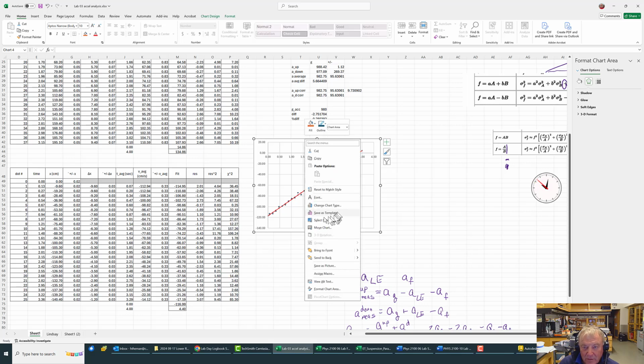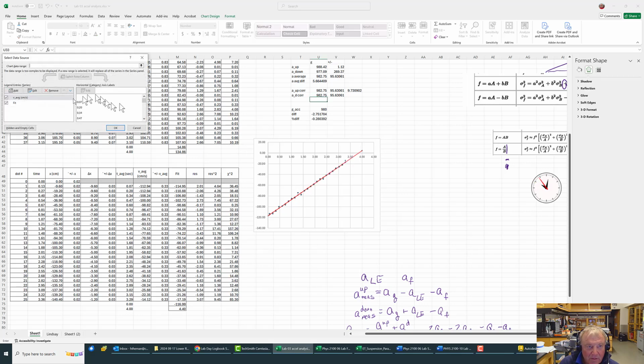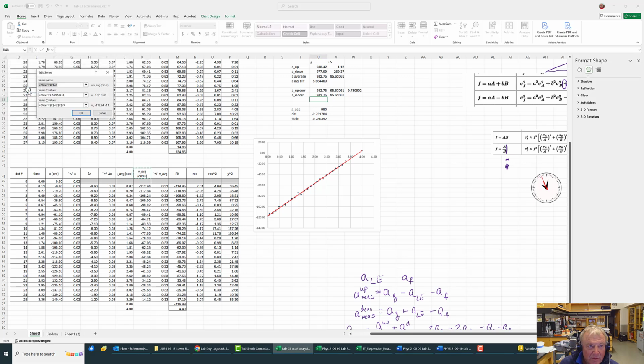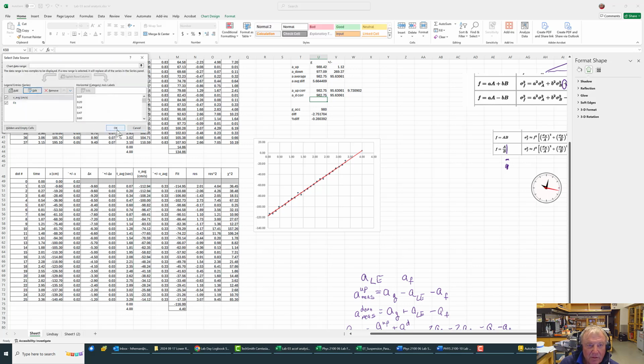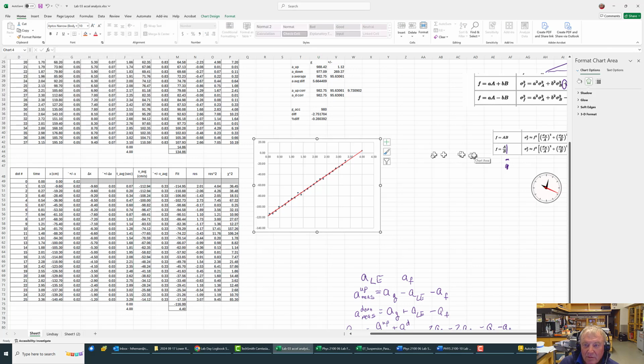Let's see, select data and edit the V average. Okay, that's fine. I see the X values are a little off. There we go. And now the Y values. There we go. The whole data set got shifted a little bit. And there's still a data point there.